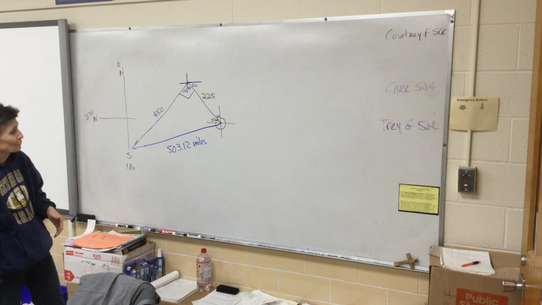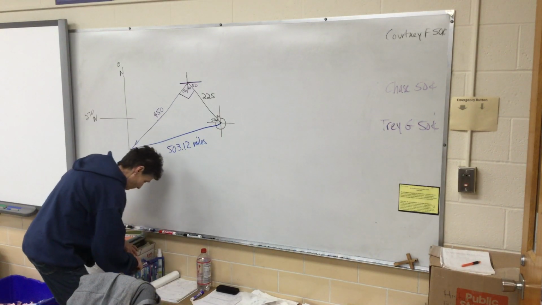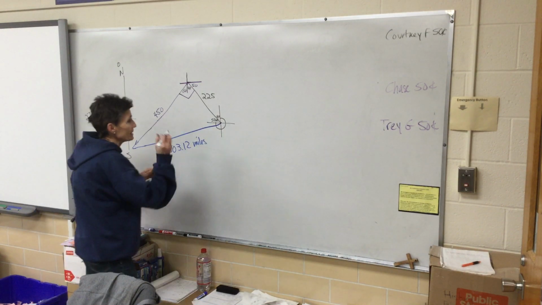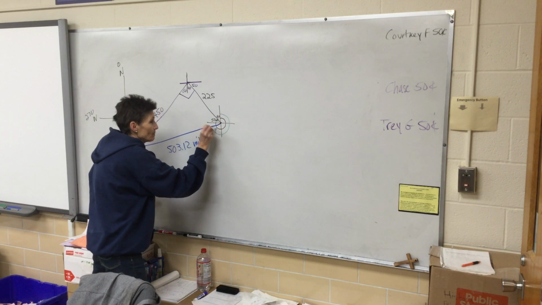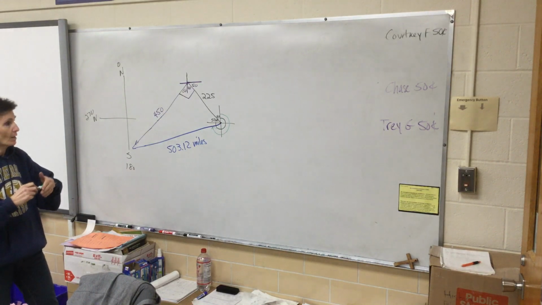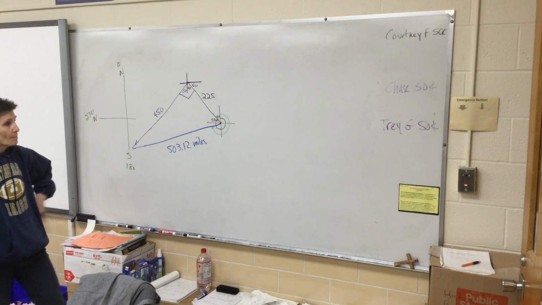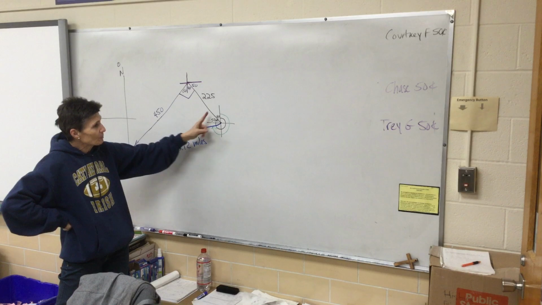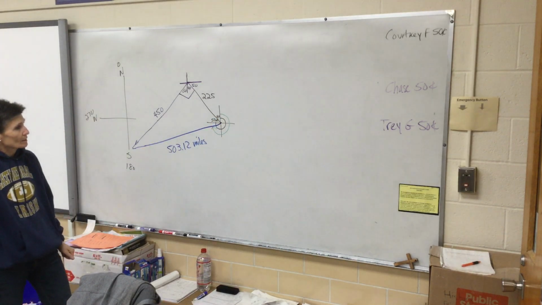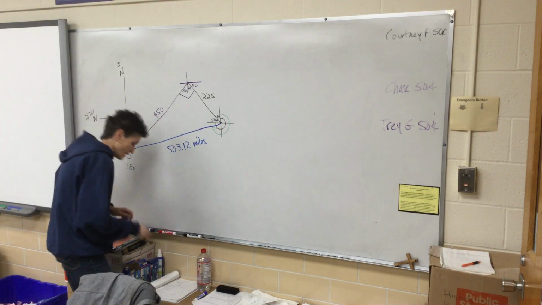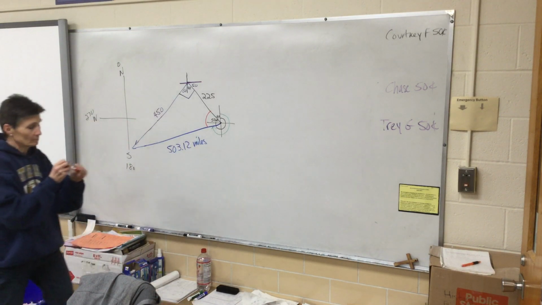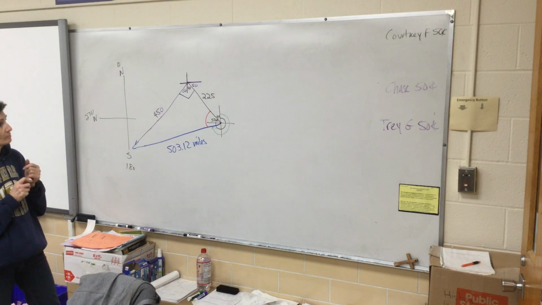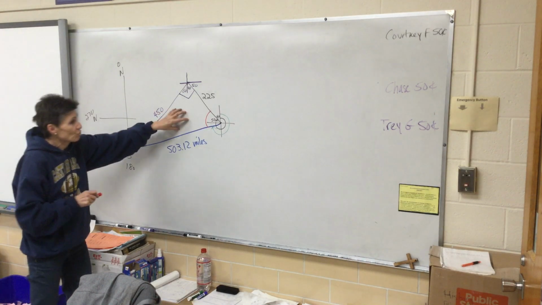Now, I really am running out of colors here. I really need to know this green angle. I need to know that green angle because that would be his bearing. That would be his direction. I think I can find this red angle pretty easily. This is a right triangle.